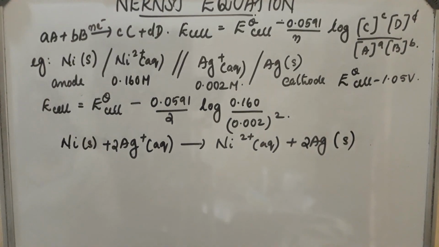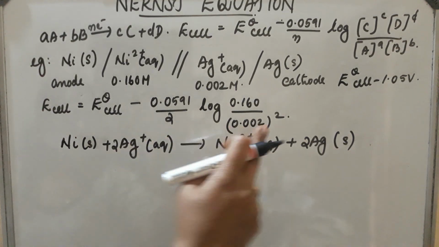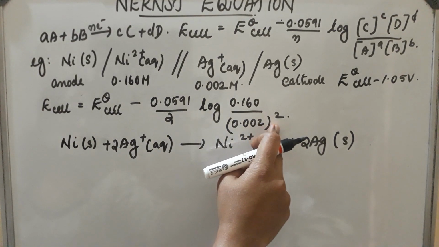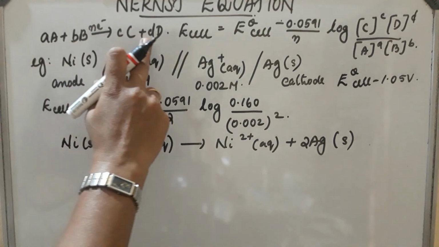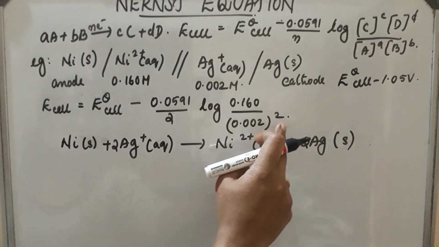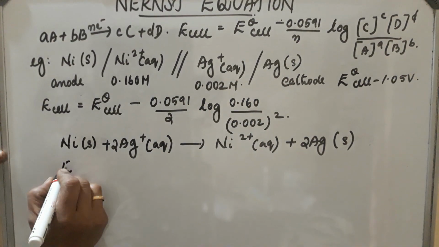This will be the reaction. So, from this the stoichiometric coefficient is 2. So, here the concentration will be squared, because depending upon the general equation, this is 2 and this is 1.